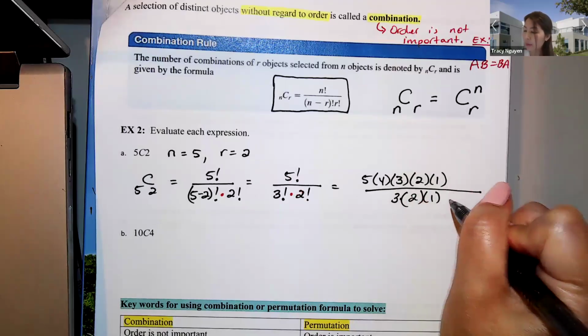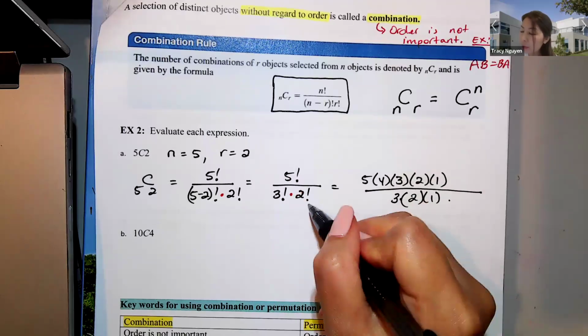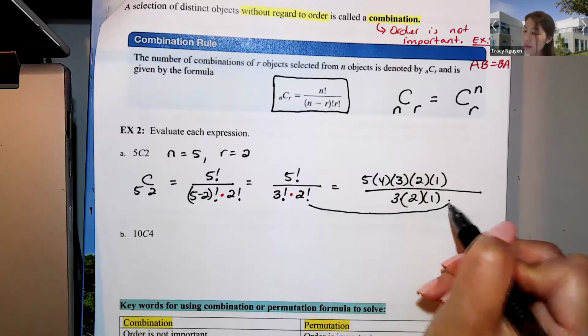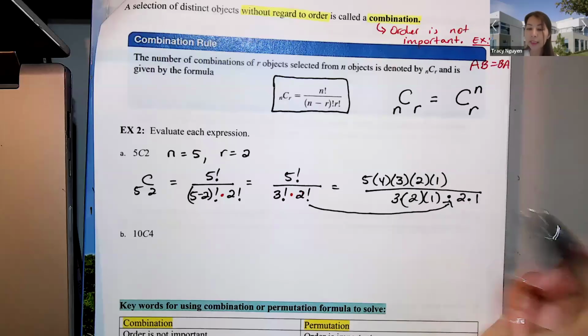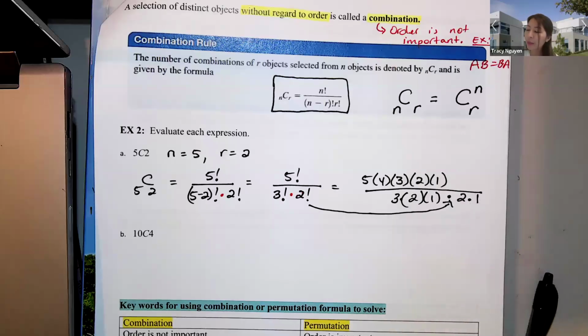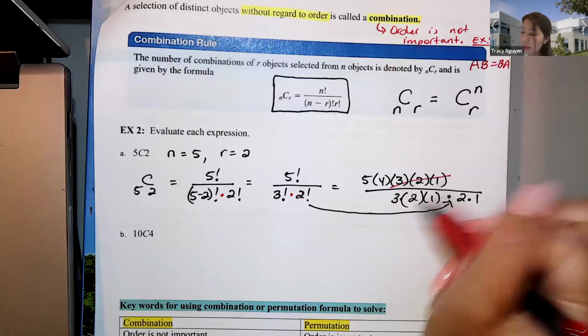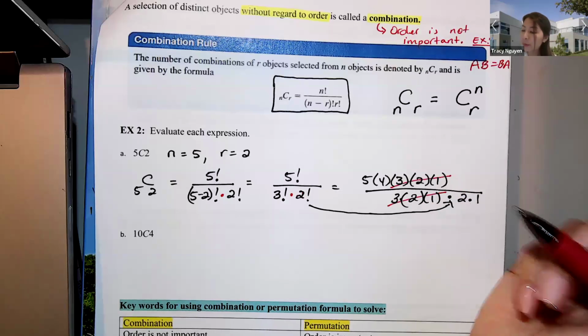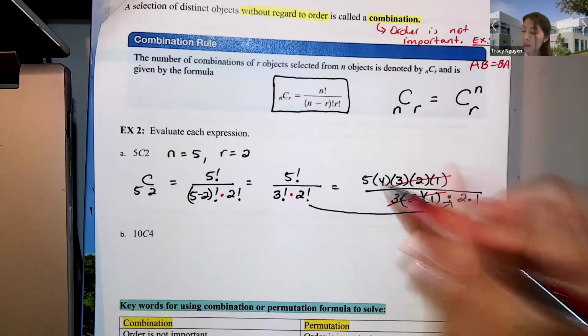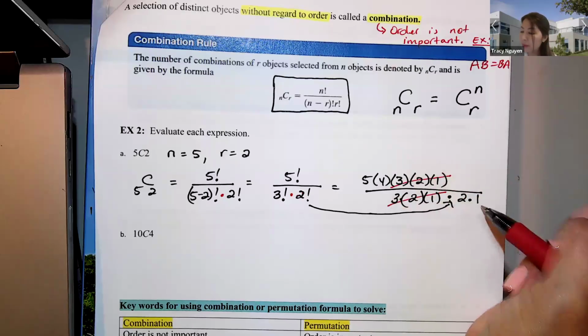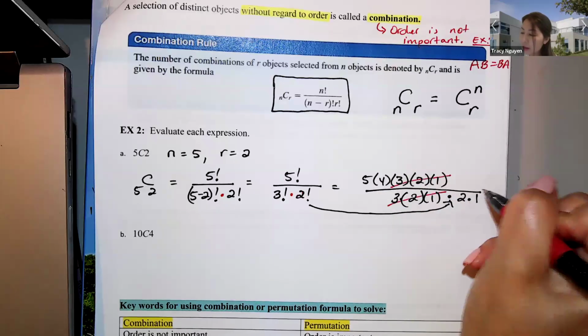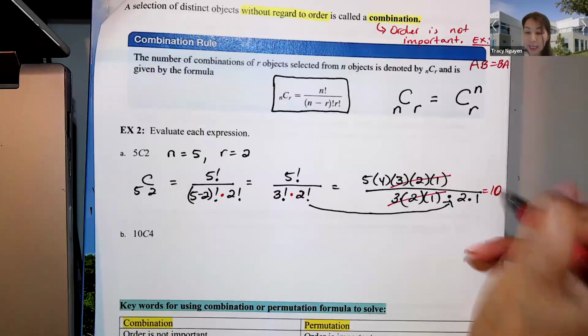The 2 factorial, you just continue to multiply by 2 times 1 because that's the meaning of 2 factorial. Now we simplify the common factors. We're left with the numerator of 5 times 4, which is 20, and the denominator of 2 times 1, which is 2. So 20 divided by 2, our result is 10.